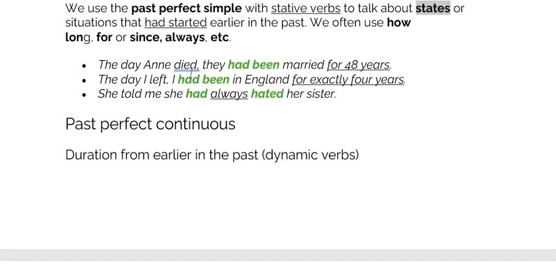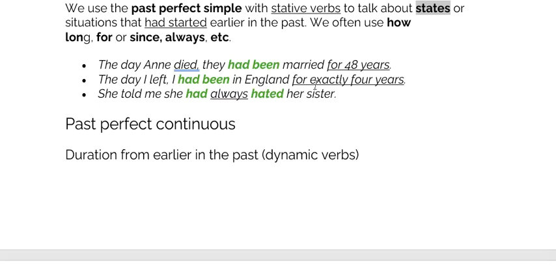The day Anne died, they had been married for 48 years. You see, it is a state. Had been married, a state of being married, not being single. The day I left, I had been in England for exactly 4 years. I had been in England, a state of being in one place.